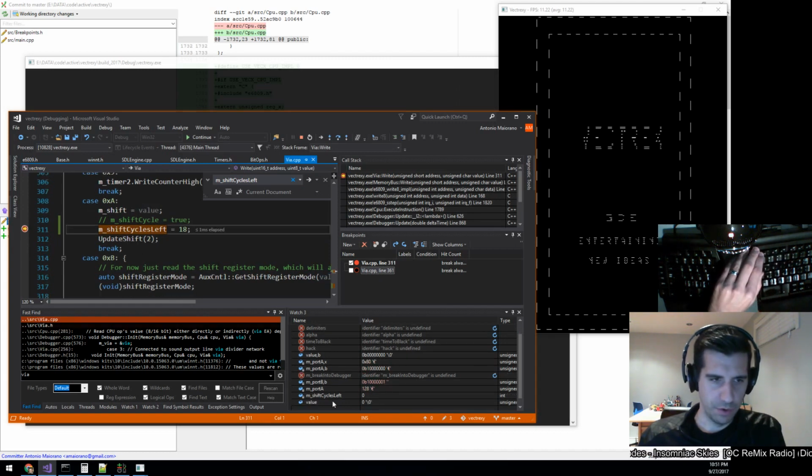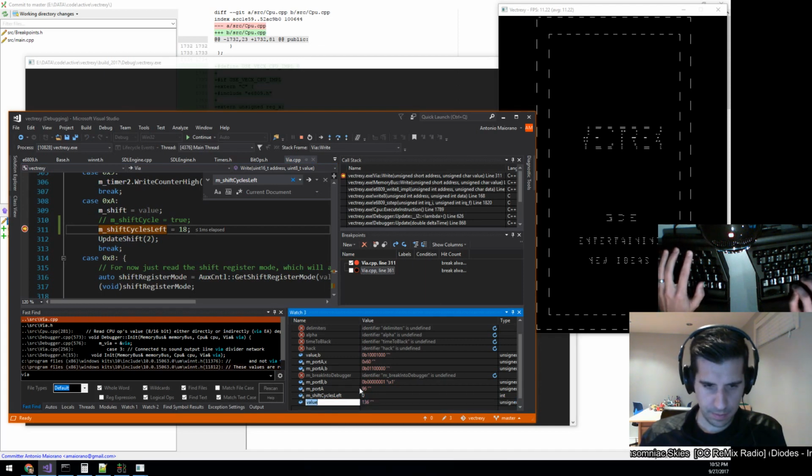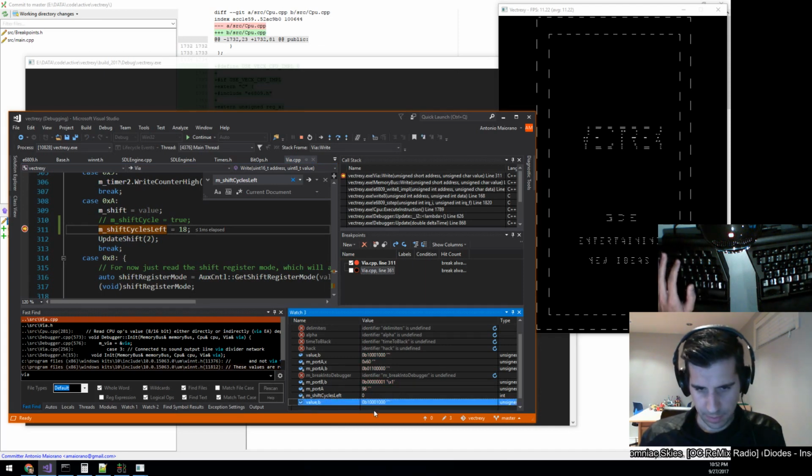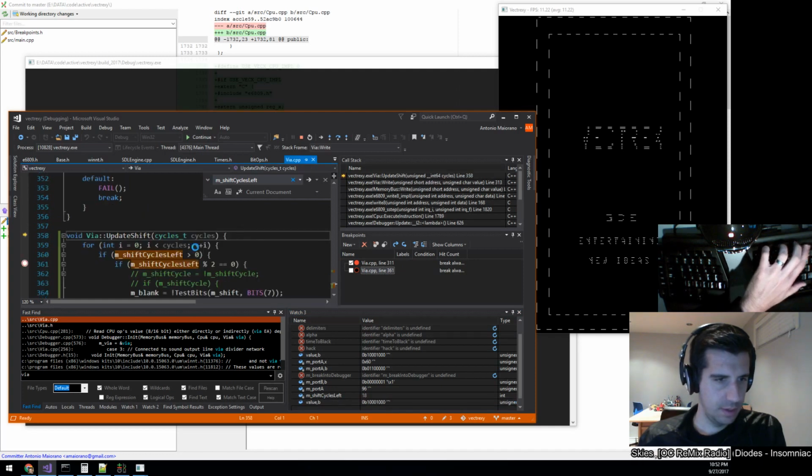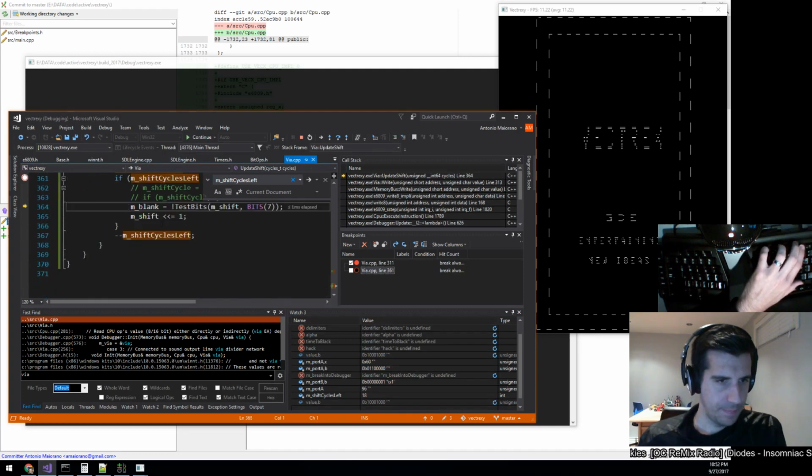I'm just waiting for when the shift register actually gets a value that's not 0. Oh, here we go. So that's a proper pattern. Looks like, if I recall, this is the pattern for V. So blank should be false.